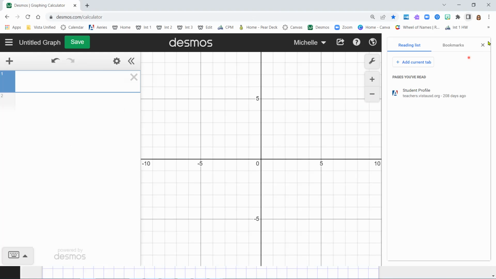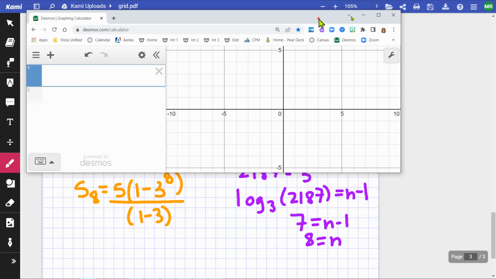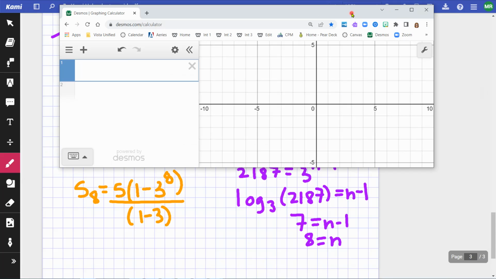And when I do that, I'm going to put my fraction bar in first. And I'm going to have 5 times 1 minus 3 raised to the power 8 over. And if I have the fraction bar, I don't really need the parenthesis, but if you don't do it as a fraction bar, you want to make sure you put parentheses.